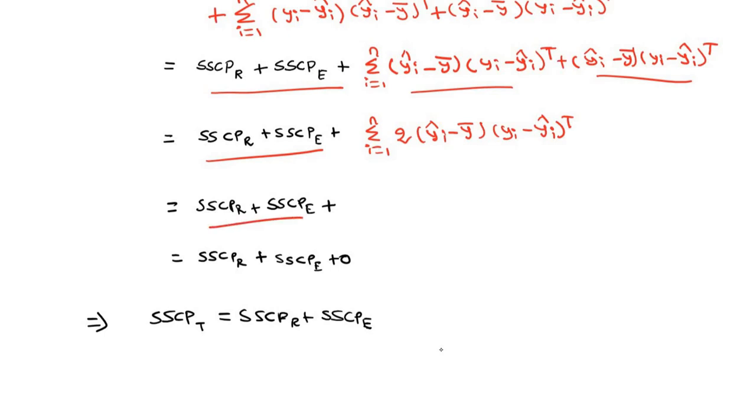The second term can be written as summation i equal to 1 to n, 2 times, since 2 can be taken out because it is constant, (yi cap minus y bar) as it is.